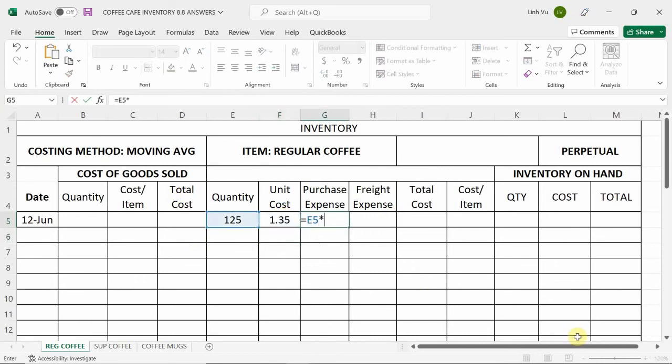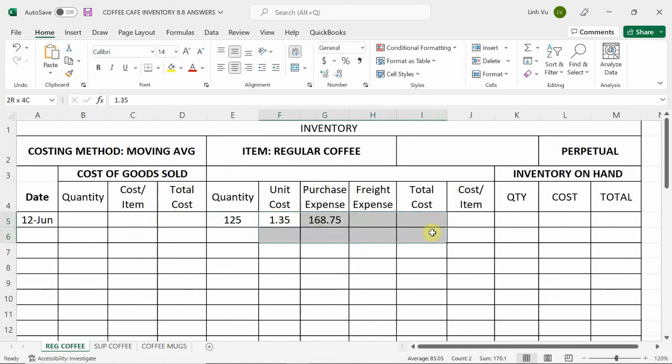So if you run your formula, it should give you that 168.75, which is what we know to be right.